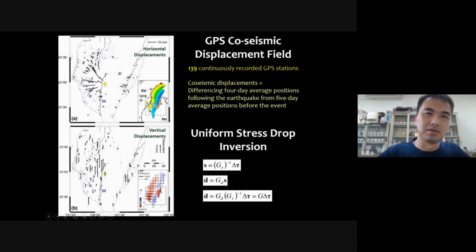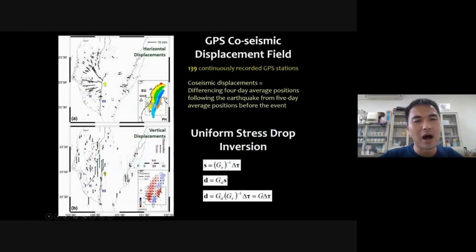You could see the area of co-seismic displacement field of this earthquake may cover almost half of Taiwan. So again, when we study surface deformation or crustal deformation, we always need to monitor the surface deformation in a large area.